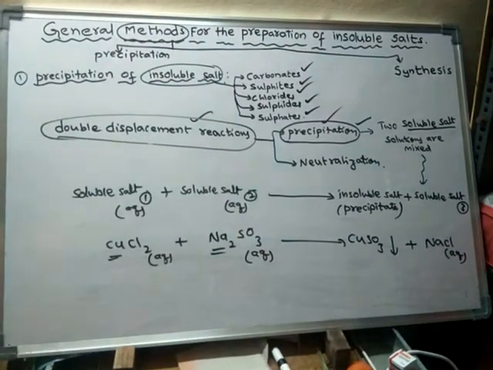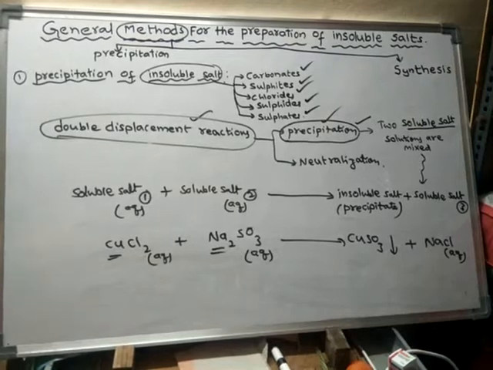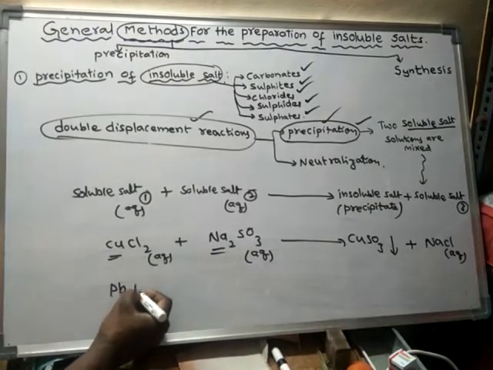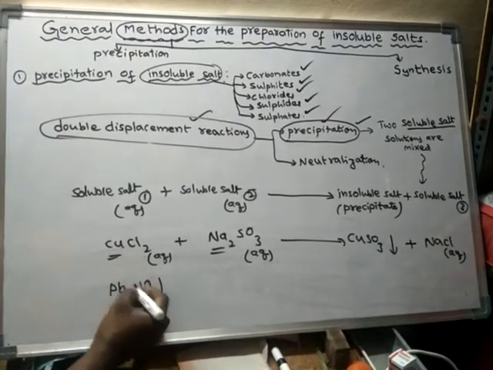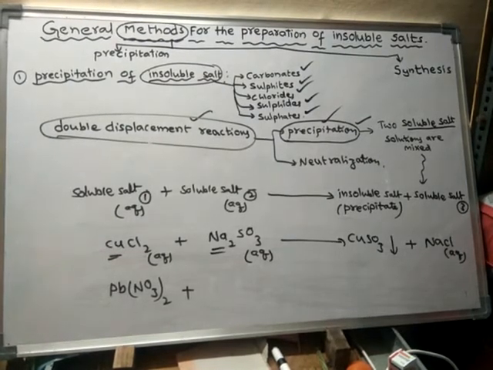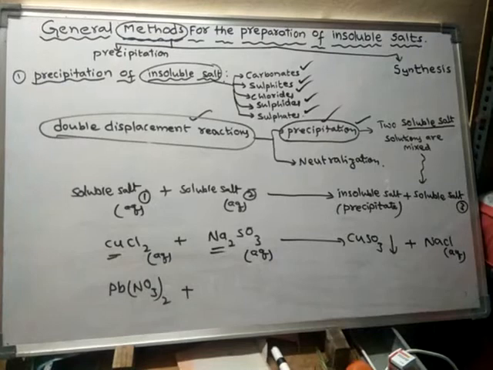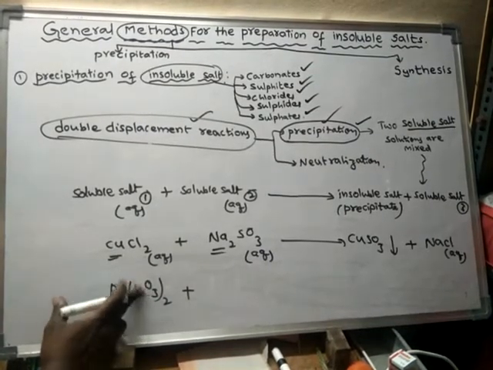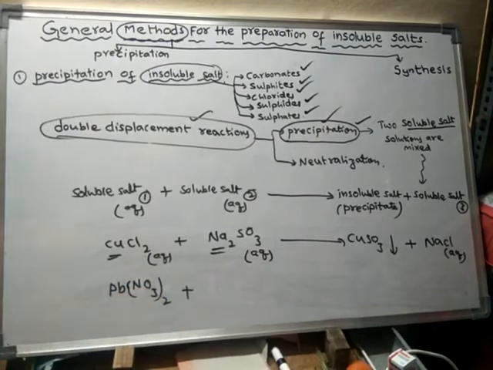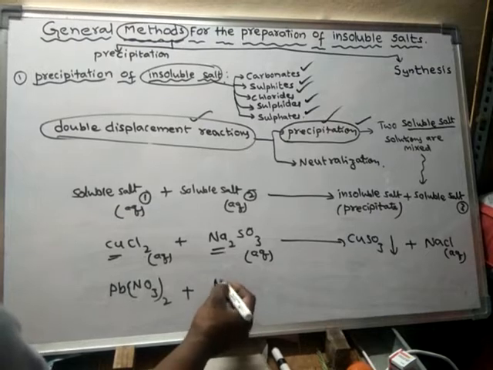Okay. Another example for preparation of sulfite salt: lead nitrate. Take lead nitrate, nitrate or nitrite, anything we may take, because all nitrates and all nitrites of any metal are soluble salts. So lead nitrate, sodium sulfite.